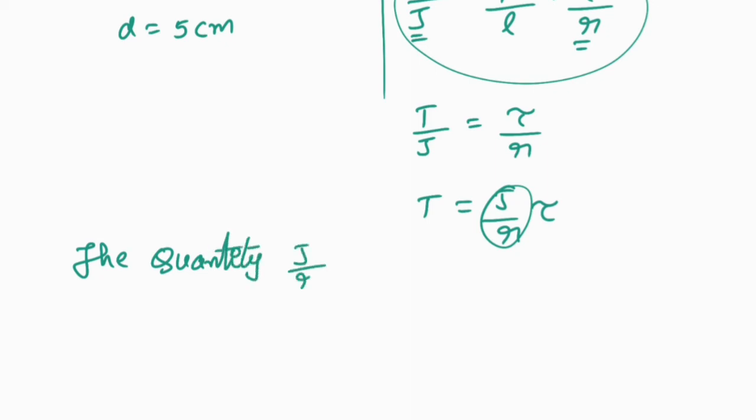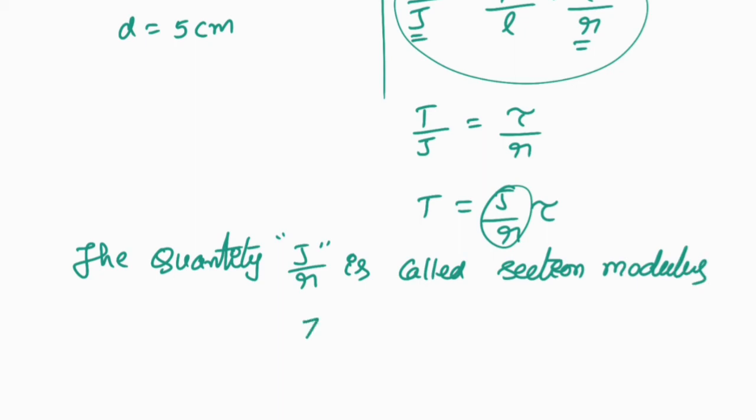You can say torsion section modulus denoted by Z equal to J by R.